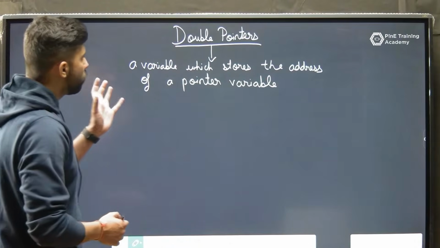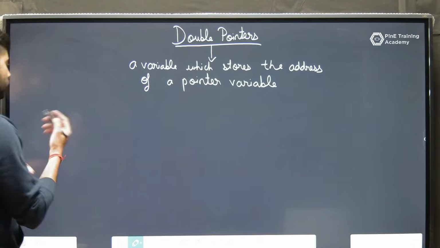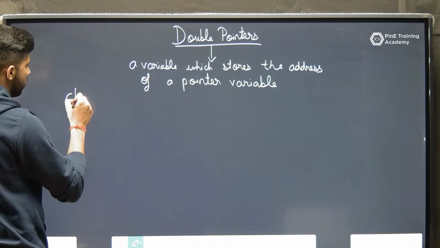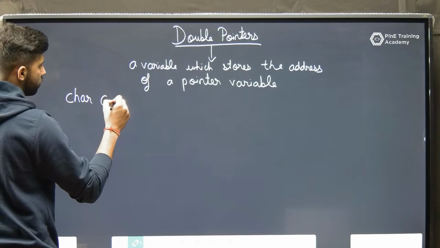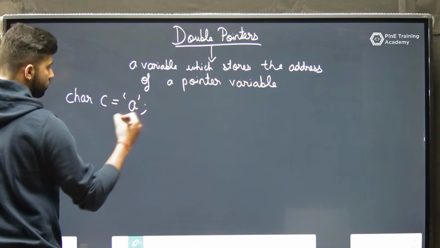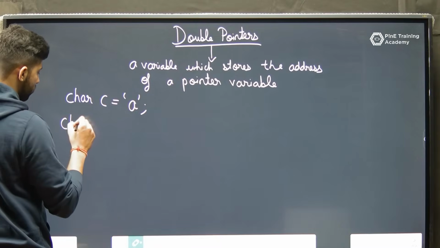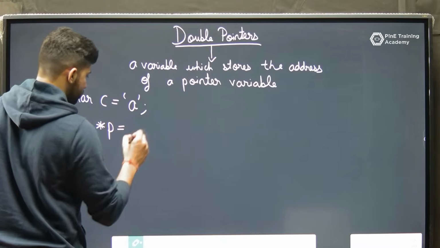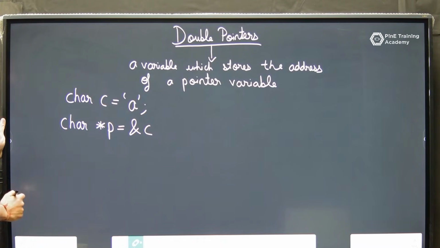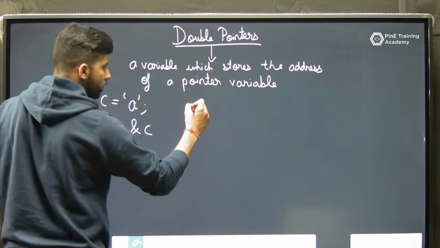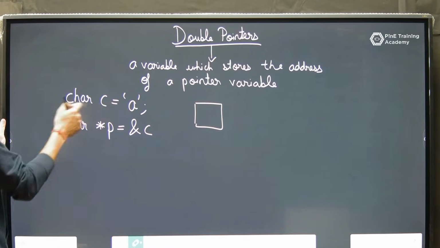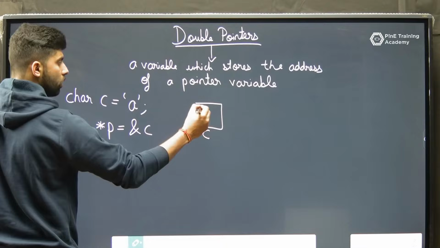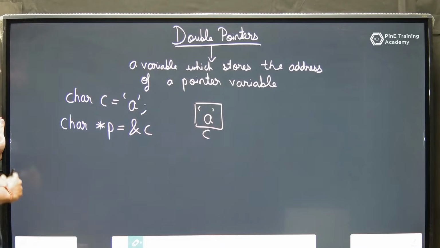If this part is clear, we can move to double pointers. Let me create that example again. We created a space for this C variable, which was storing this A character.